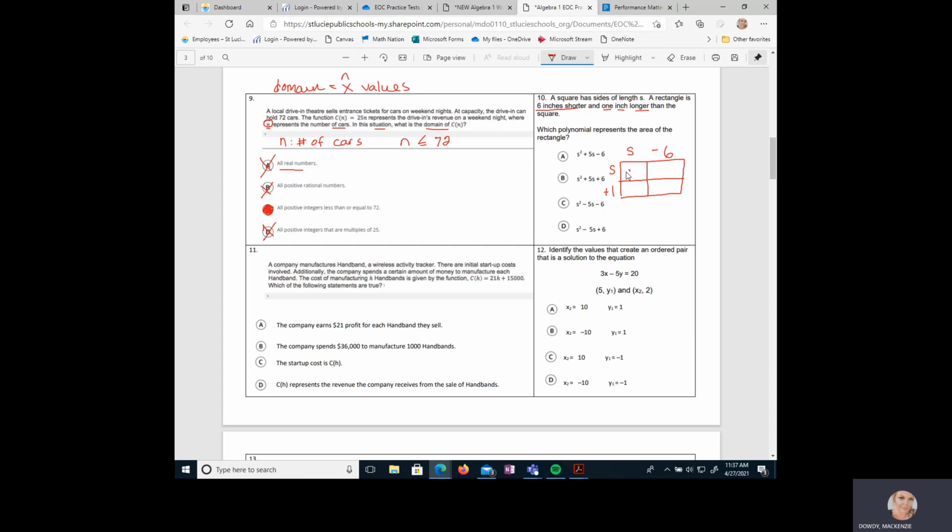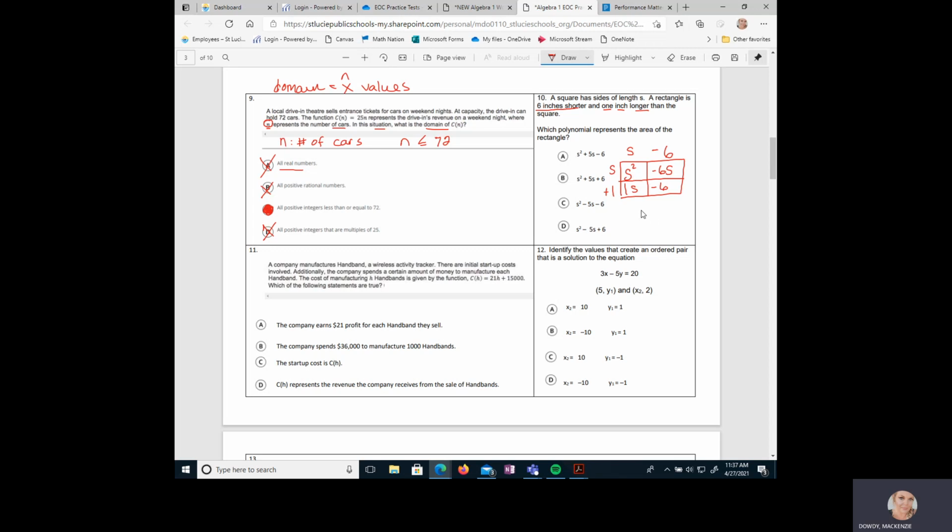S times S is S squared. S times -6 is -6S. 1 times S is just S, but if you want, you can put that 1 there. Just remember it's invisible. 1 times -6 is -6.